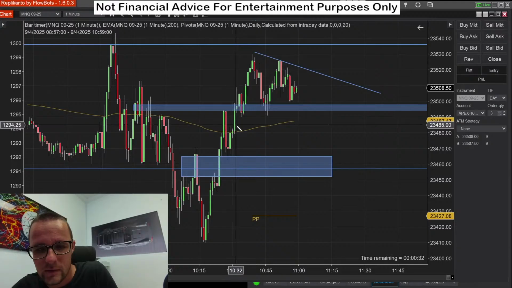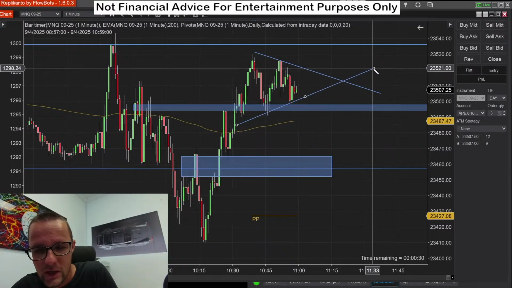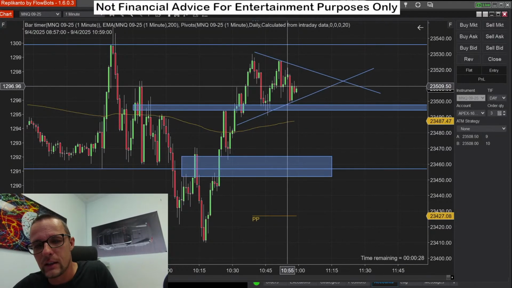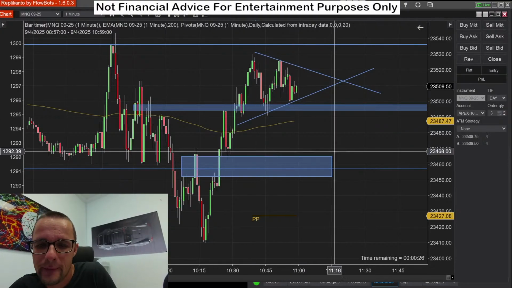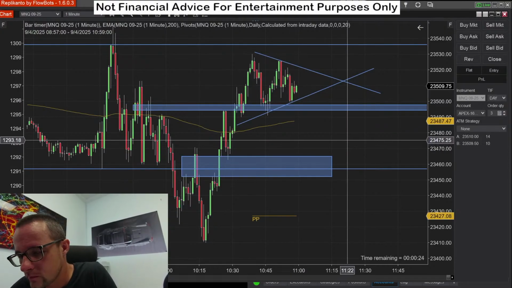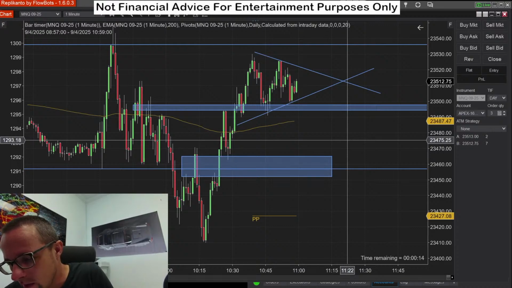Here you would have to wait for price action to develop. I want to see if it comes down there because there are many unfilled orders down there.